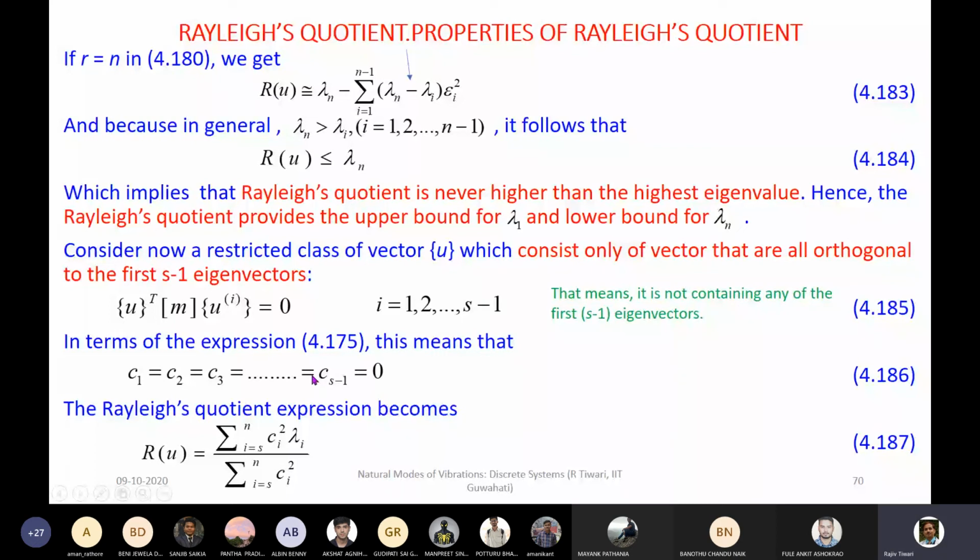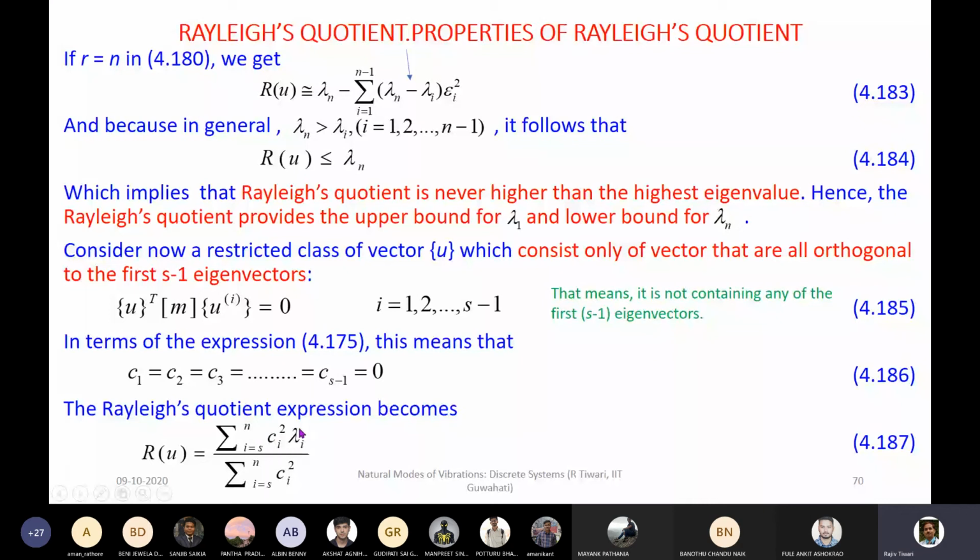So the Rayleigh's quotient will take values from i equal to s to n, because the coefficients from 1 to s minus 1 are 0. So this will reduce to this particular form in which it will start from i equal to s to n only.